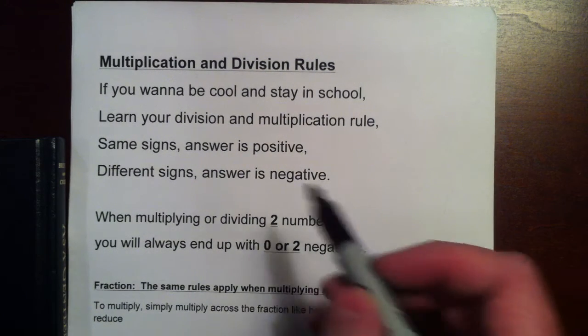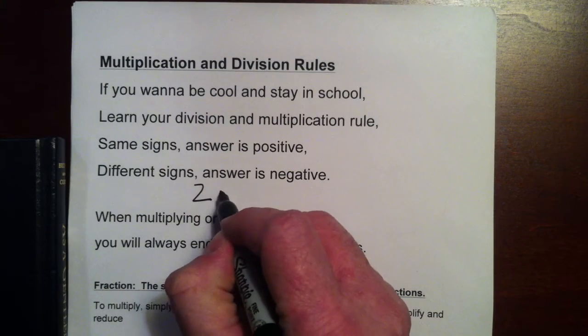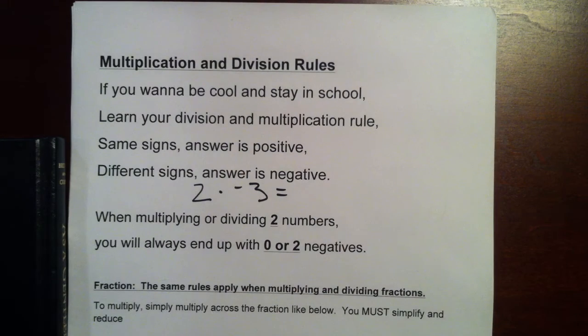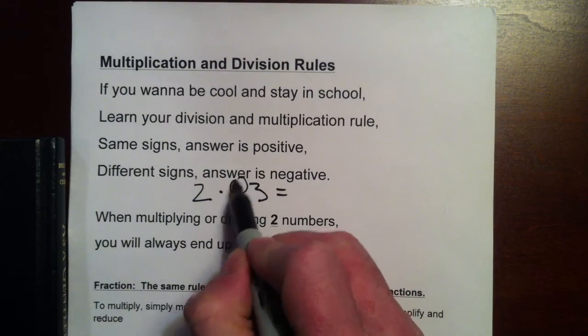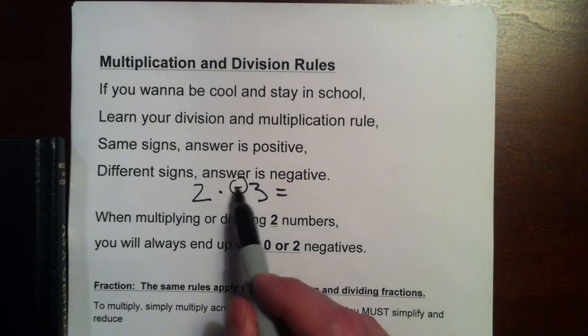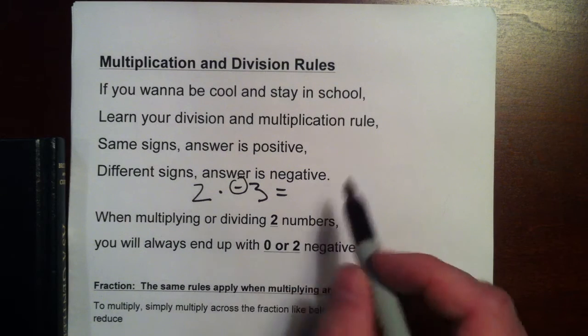So for example, if I have 2 times a negative 3, I have 1 negative right here. That means I only have room for 1 more, because I can either have 0 or 2, and I can't take that one away. So therefore, my answer is 2 times 3 is 6.